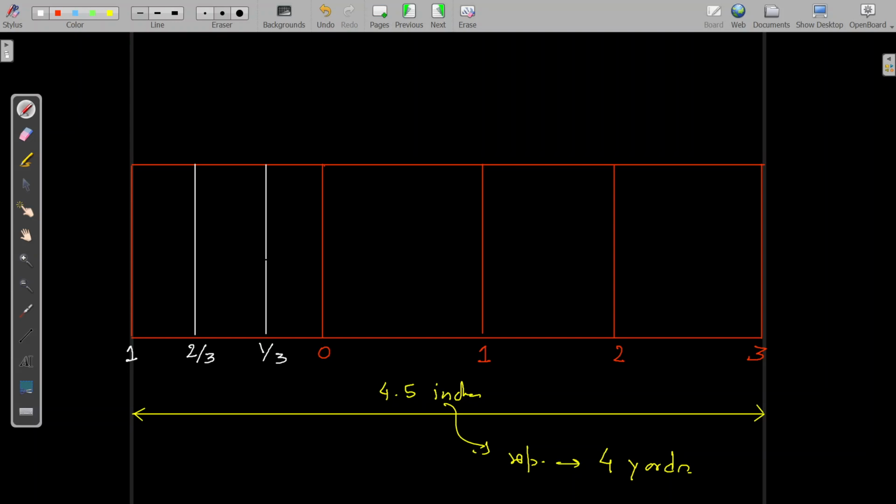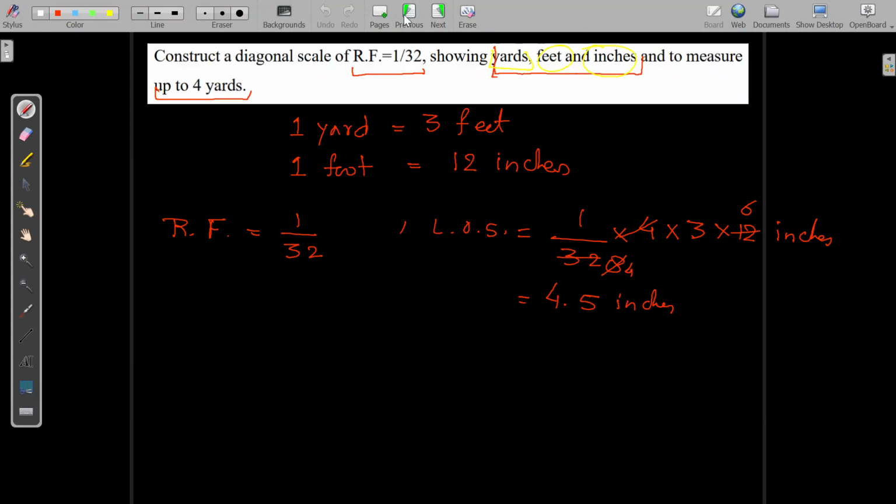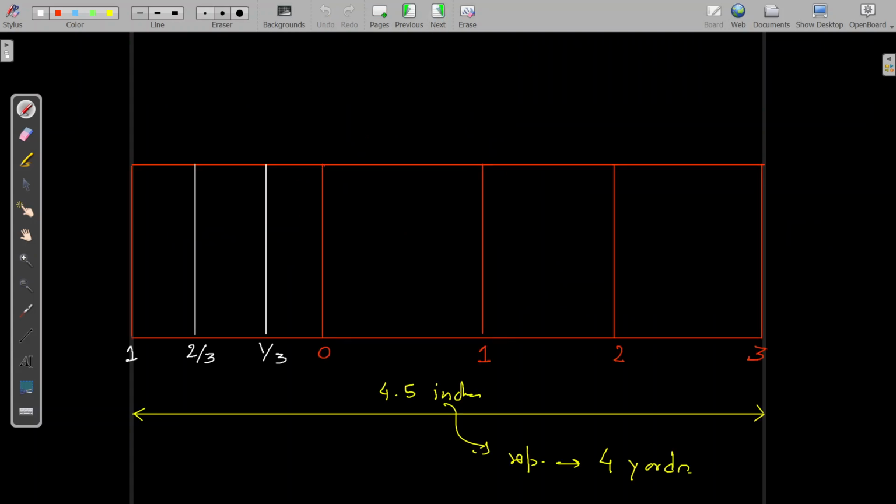Now again you want to go from foot to inches. So this conversion, 1 foot is equal to 12 inches. So now we have to divide this 1 foot into 12 parts to represent 12 inches. Okay, so again I have to divide this line into 12 parts.